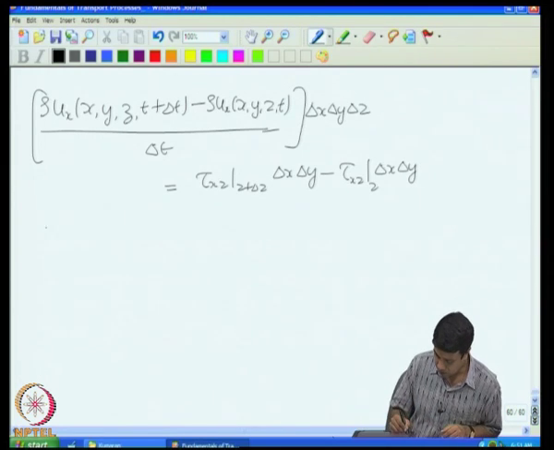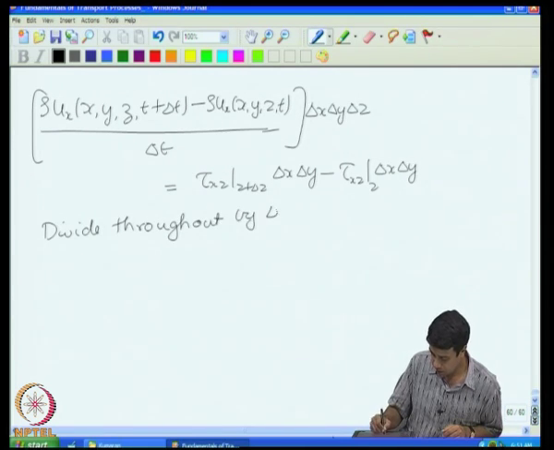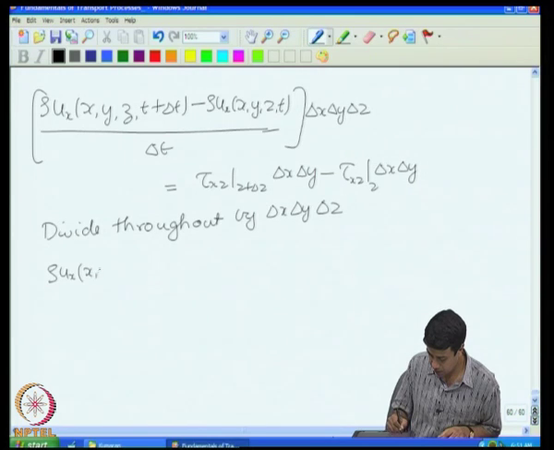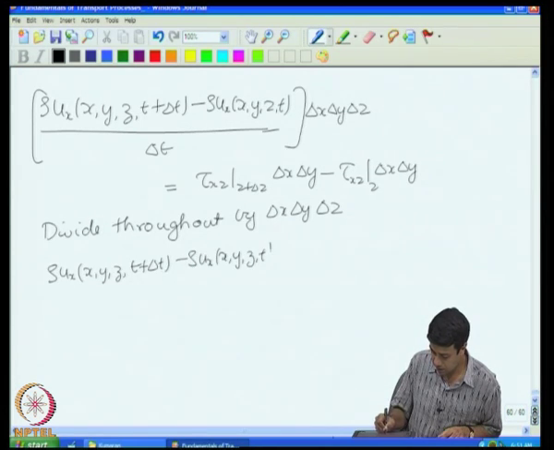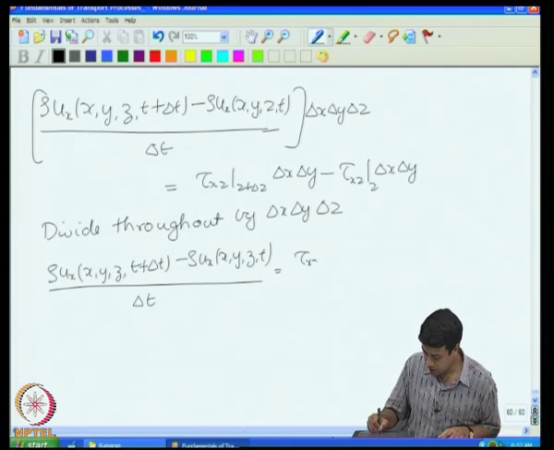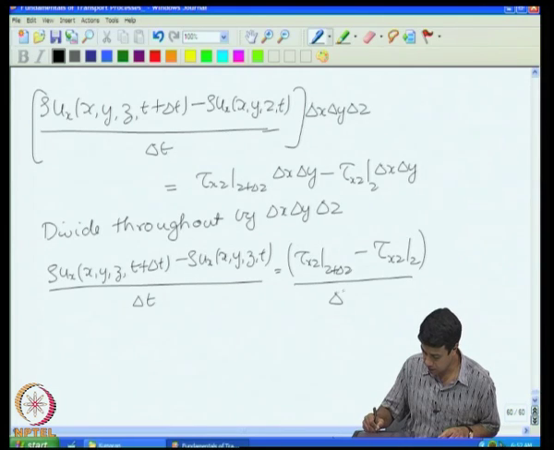You divide throughout by delta x, delta y, delta z, and you will get rho ux at x, y, z, t plus delta t minus rho ux at x, y, z, t, the whole thing divided by delta t, is equal to tau x z at z plus delta z minus tau x z at z, divided by delta z.